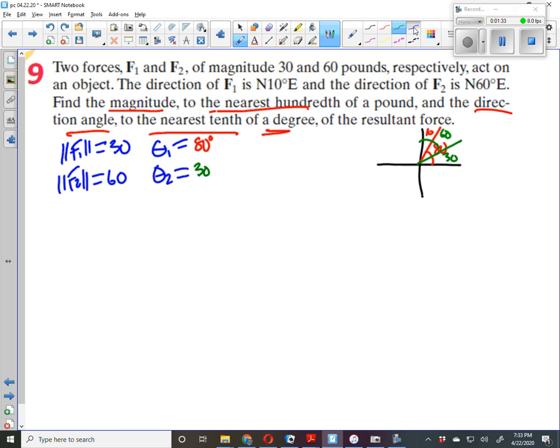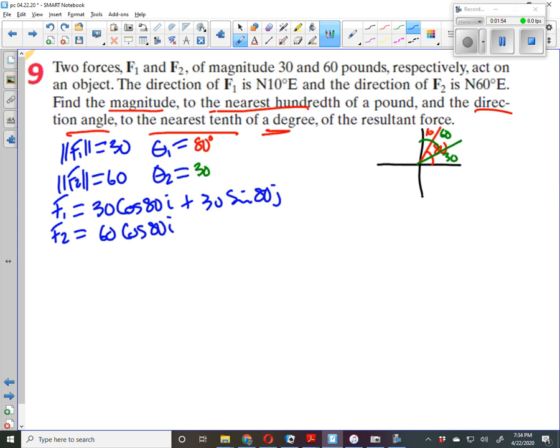That allows me now to write my force 1 as 30 cosine 80 degrees I plus 30 sine 80 degrees J. Force 2, 60 cosine 30 degrees I plus 60 sine 30 degrees J, and I made a mistake, didn't I? 30 degrees, sorry about that.